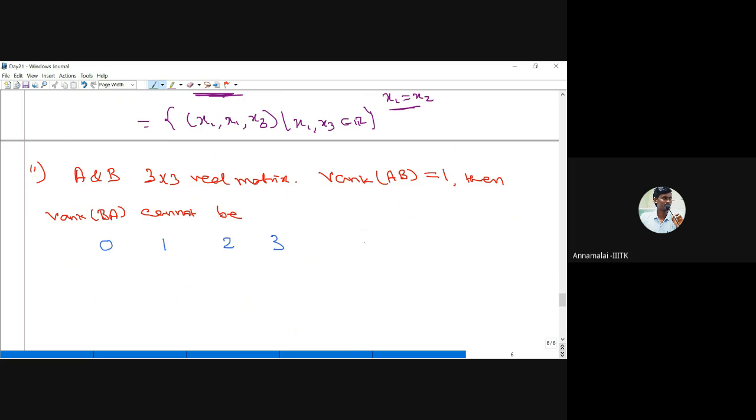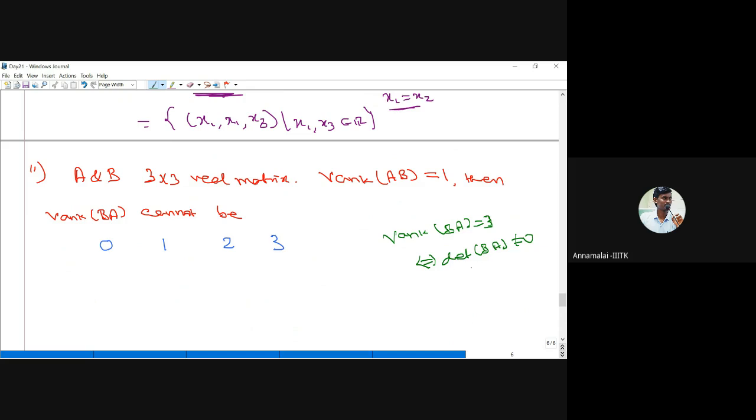Suppose the rank of BA is 3. Since B and A are 3 by 3 matrices, the product is also 3 by 3, and rank 3 implies that the determinant should be non-zero. Determinant of BA should be non-zero. This is if and only if: if the rank of a 3 by 3 matrix is 3, then the determinant is non-zero, and if the determinant is non-zero, the rank is the order of the matrix.